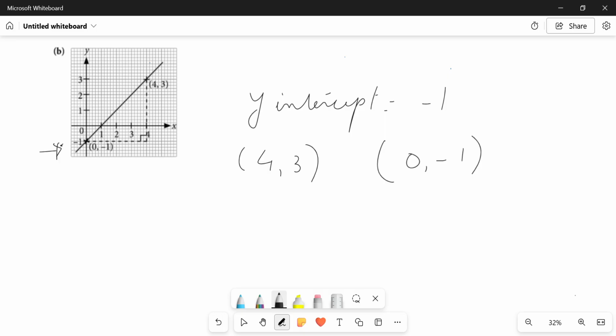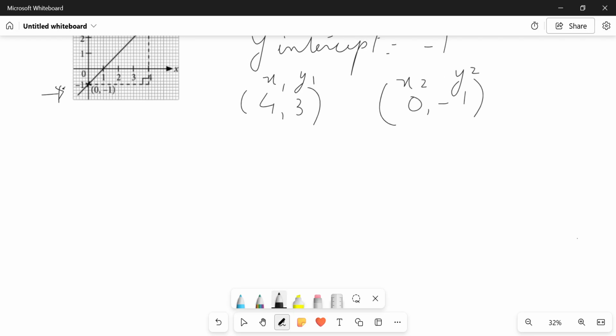So 4 and 3 is x1, y1, and this is x2, y2, right? Now we need to apply the formula. The formula is change in y divided by change in x. So first of all we always take the y values: y2 minus y1, and then x2 minus x1.